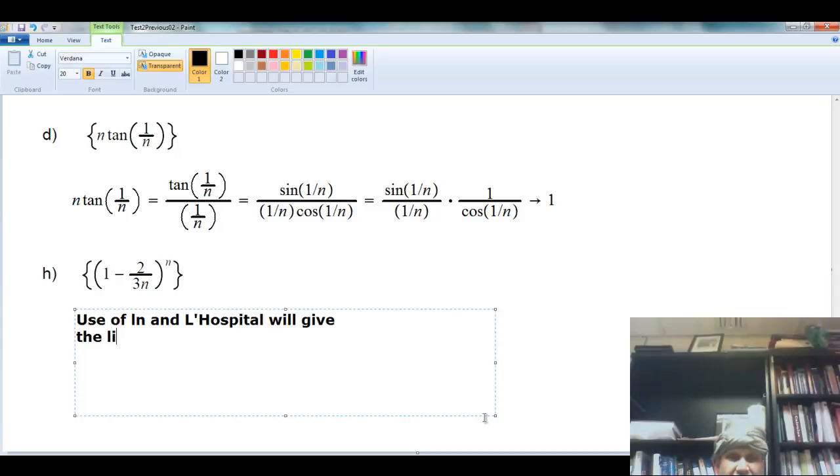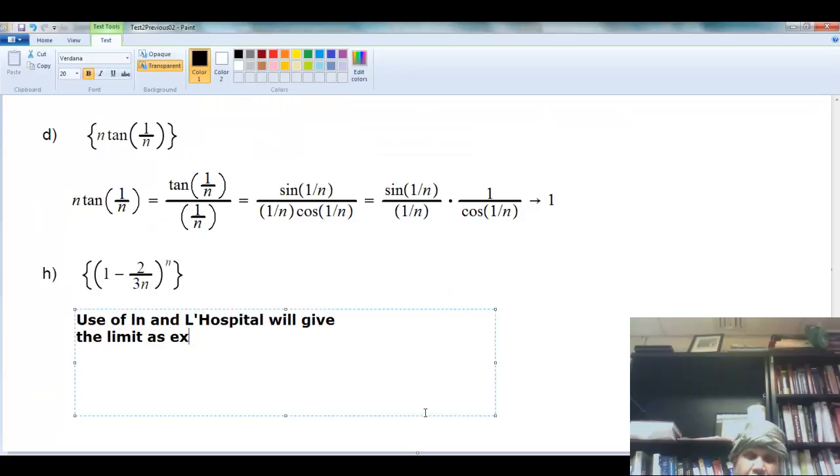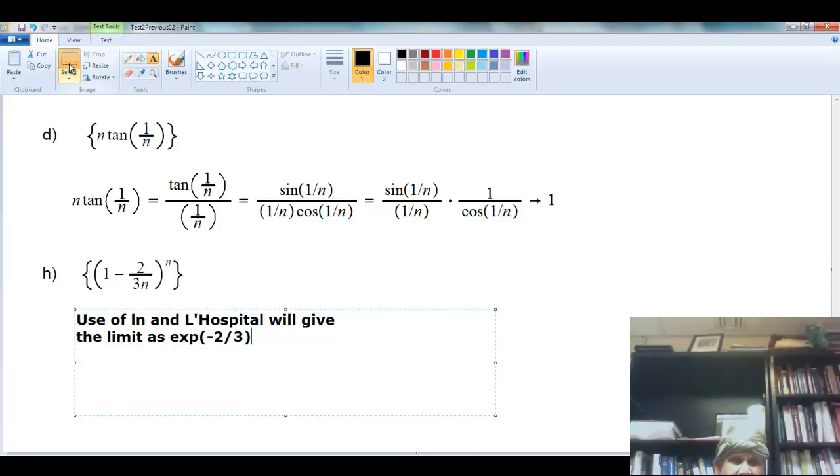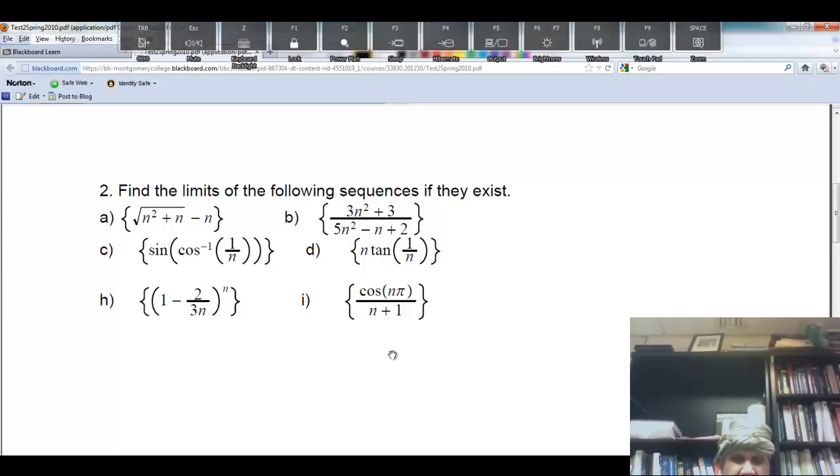There we go. We got these guys, right? There's no E in here, which is okay. Now this one, remember this? Take log, very good. Just use L'Hopital's rule, right? Use ln and L'Hopital.